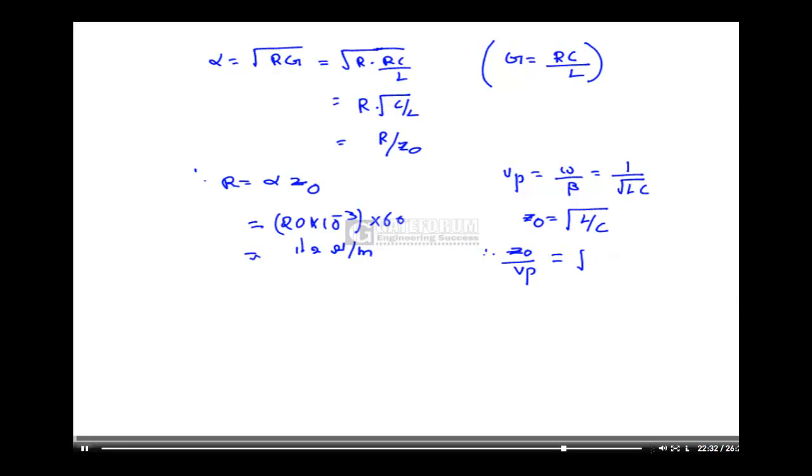So this is nothing but square root of L by C into square root of LC. So C, C cancels out. The remaining thing is only L. So Z naught is known thing. Phase velocity is known thing.